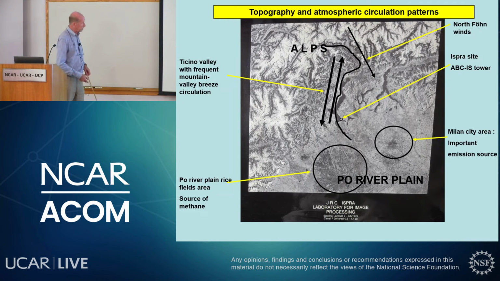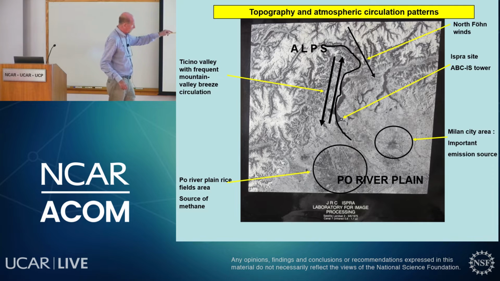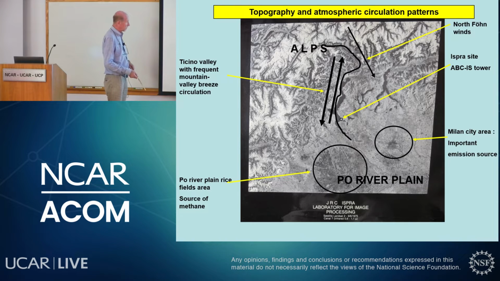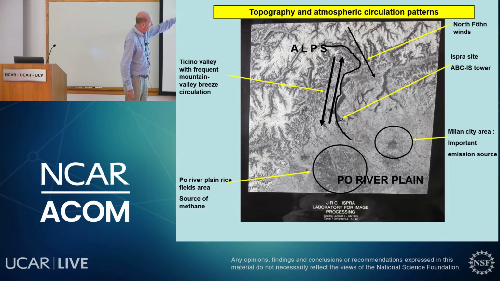So this is a map. The tower is here. There are some interesting features because the topography is quite complex, and from the point of view of mesoscale meteorology, it's interesting because you have very frequently a mountain breeze circulation from north to south and south to north, because the tower is located along the Ticino River Valley, which is drawn here, and it's a very long valley.